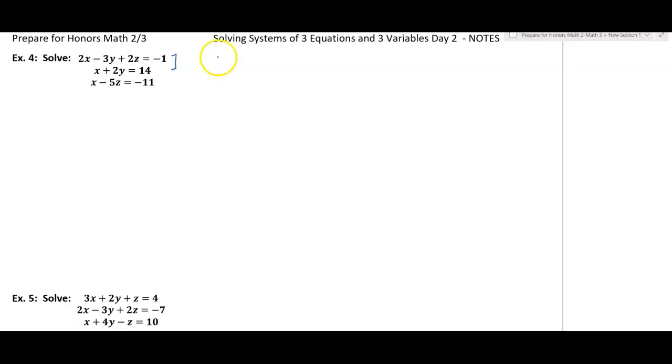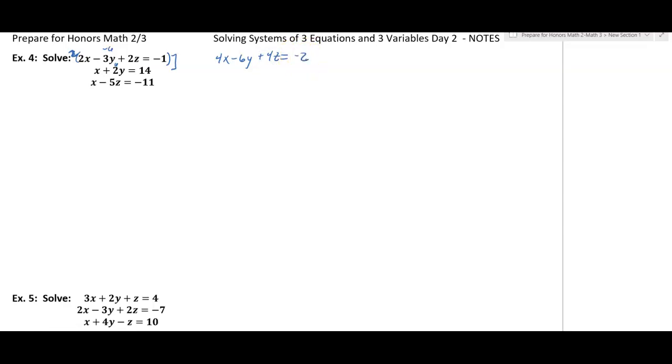Okay, so the top equation is 2x minus 3. Oh, excuse me, let me just do this. I'm going to multiply everything in the top equation. I'm going to eliminate the y, so I want to make this a negative 6 and this a positive 6. So I'm going to multiply the top equation by 2. That would give me 4x minus 6y plus 4z equals negative 2.